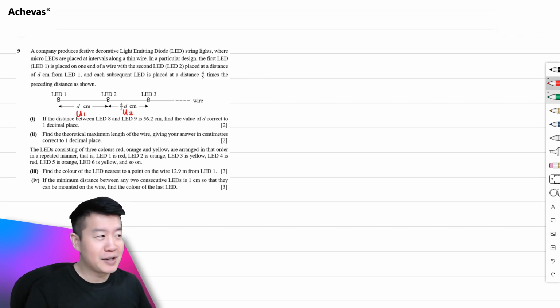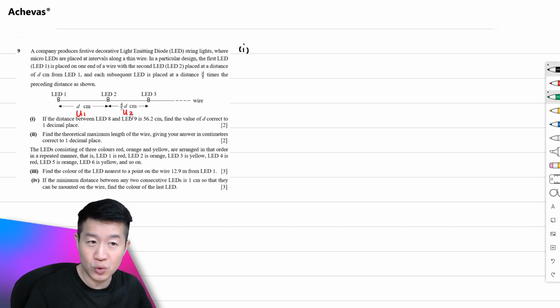Let's see whether this is going to help us to diagnose this question a little bit better. So part 1: the distance between 8 and 9 is 56.2. The distance between 2 and 3, for example, is U2, so between 8 and 9 is U8.